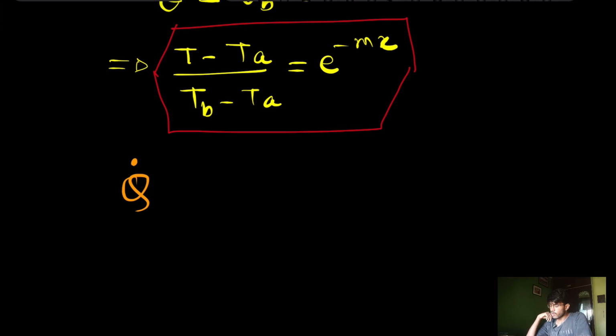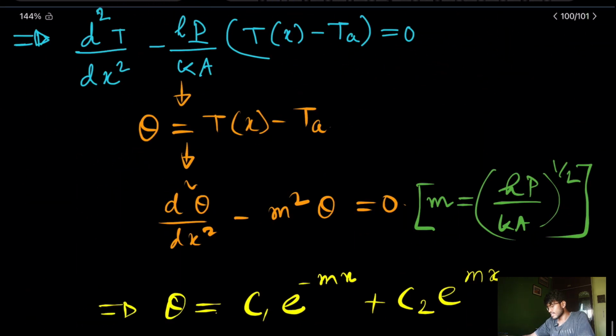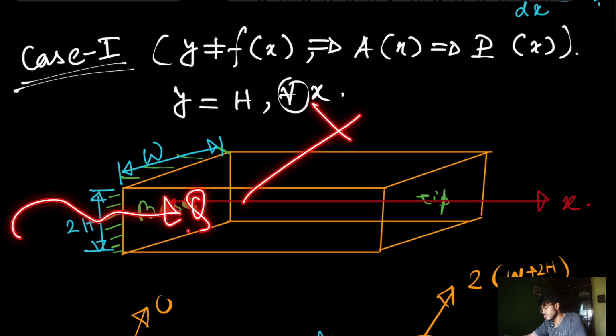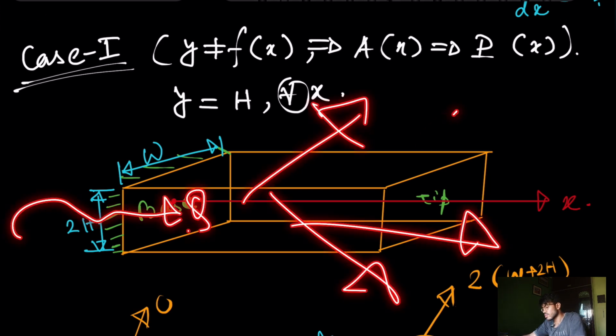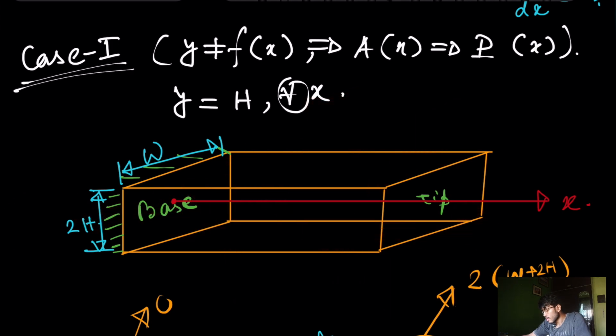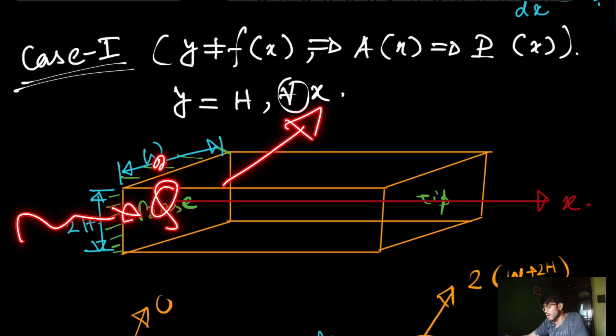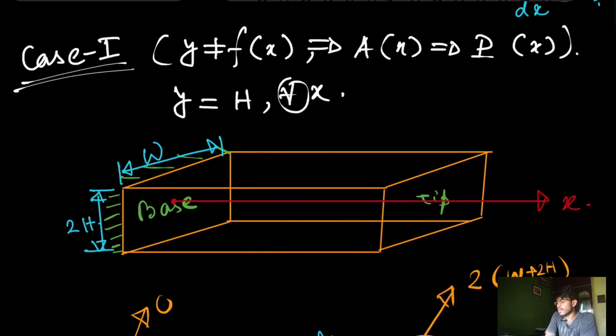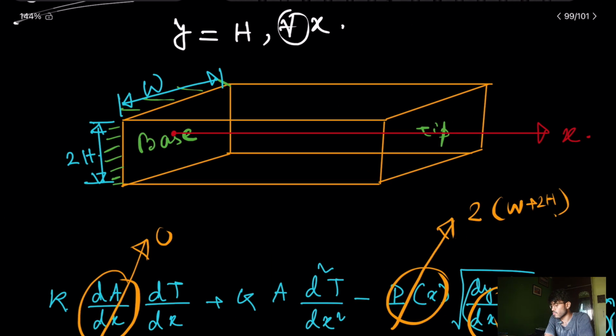See, this is steady state, right? Then whatever heat is coming from the base, that has to go out through the whole fin. If it has to be steady state, then whatever heat flux is going through the base has to come out. Otherwise, the temperature will either decrease or increase if the heat transfer is not equal.